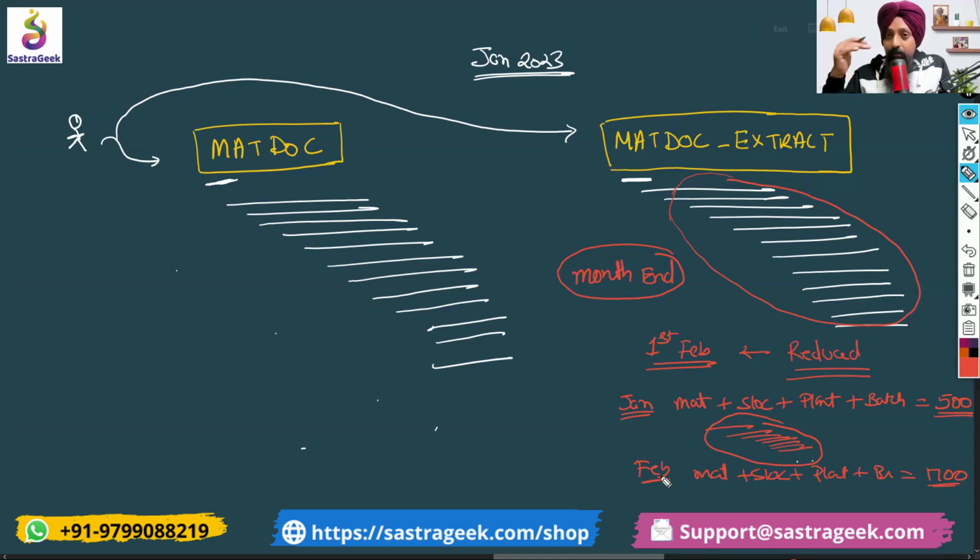So you would have monthly consolidation line items in the Matdoc extract and the current month line items. Both would be there. If you want to check any stock at the current moment, the system gets it from the Matdoc extract. I will also show you in the system in the next session.